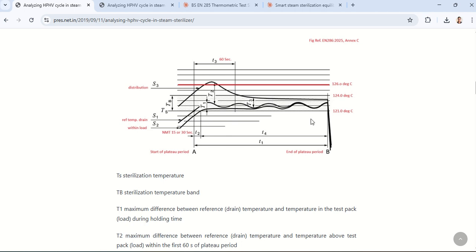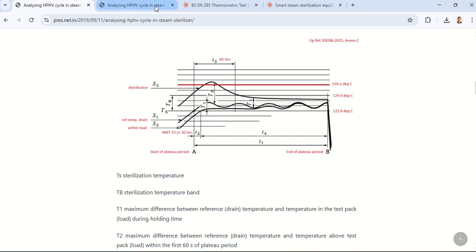This is the band, which I created just to show you the distribution sensor. This is the delta. If you remember my graph, I mentioned all those things. This delta is also mentioned as delta of S1 and S3. When you see my graph, this delta is mentioned as delta of S1 and S2.